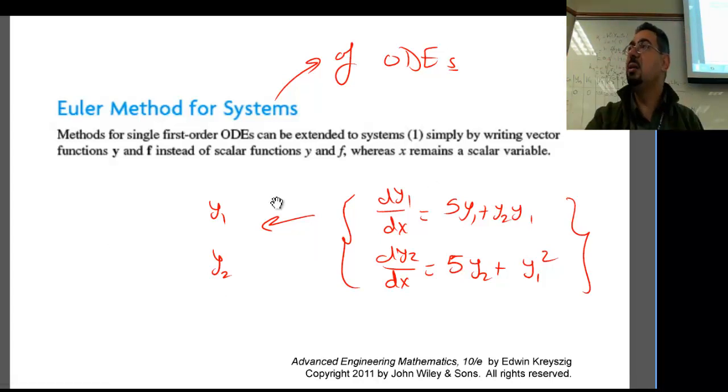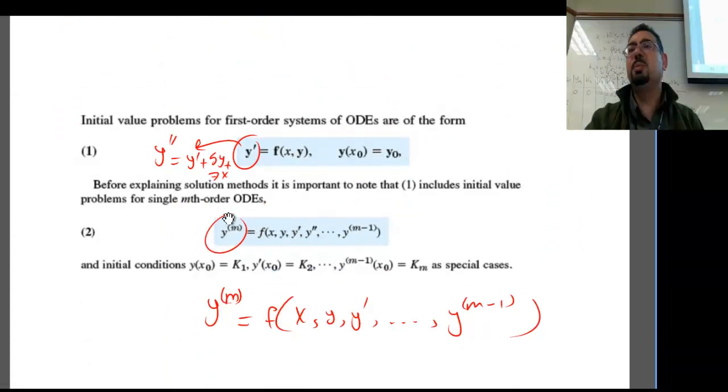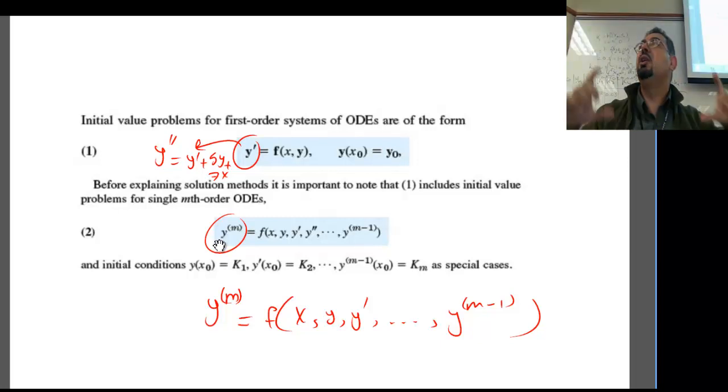But if y1 and y2 are intermingled between the two of them, you have to solve them together. Okay? And the second order is when, rather than having y prime, you actually have the second order or the third order or whatever. It turns out that if you have a higher order ordinary differential equation, third, seventh, whatever, with a small trick you will turn it into a system of first order differential equations.